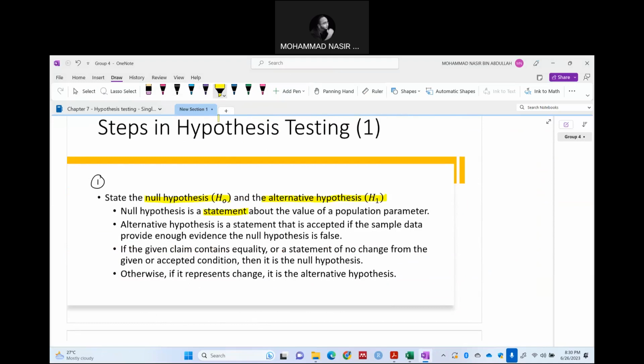The alternative is a statement that is accepted if the sample data provide enough evidence that the null hypothesis is false. So the alternative hypothesis is our claim. We want to prove the claim. We need to collect the sample data and make sure the sample data leads to the alternative hypothesis.